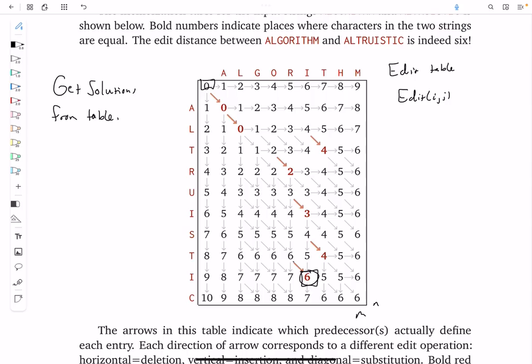And that decision, we can figure out where it came from. So if this value was 6, and we know the previous values, then we can figure out where it came from. So for example, here we have an i and an i. We have this is 6, and we know edit of i minus 1, j minus 1 is also 6. And so we know we must have done a substitution with no character changing, just by looking at the recurrence, right?